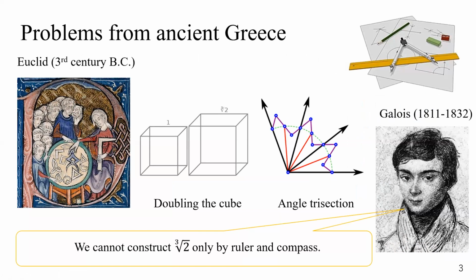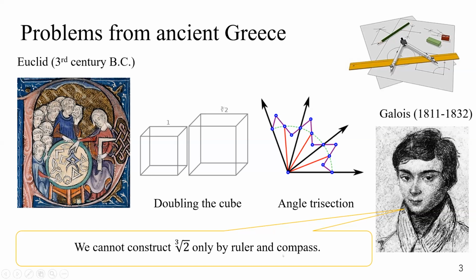There are several famous problems of geometric construction from ancient Greece, such as the doubling of the cube or the angle trisection. It turned out after Galois's work that we cannot draw them only by ruler and compass.